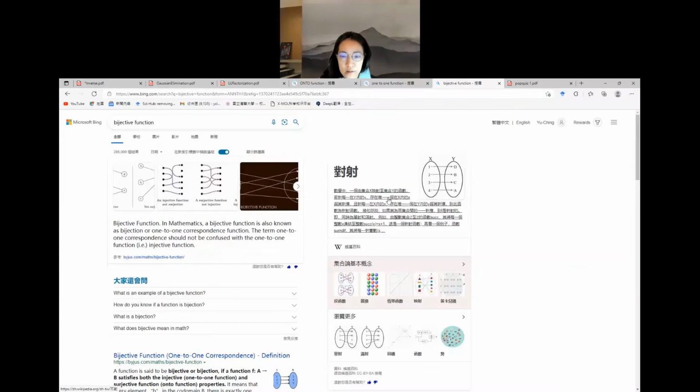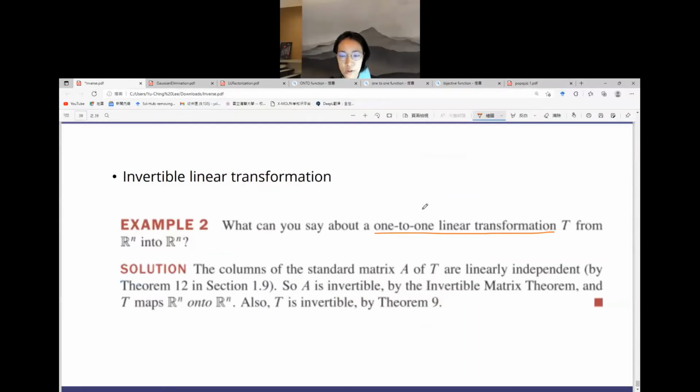It says that for every y there exists a unique x such that f of x equals y, and for every x there exists a unique y such that f of x equals y. You have to say it for two sides, like unique x and unique y. This is called bijective. Okay, so even though the terms look different, the concept has been there in your high school book.